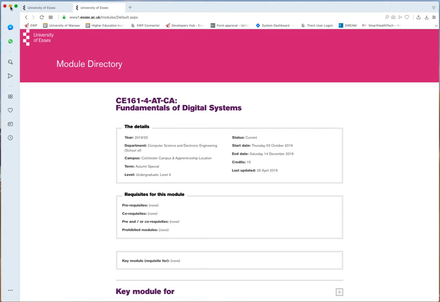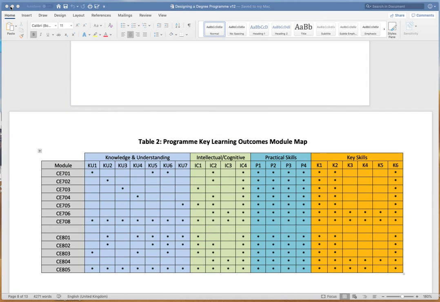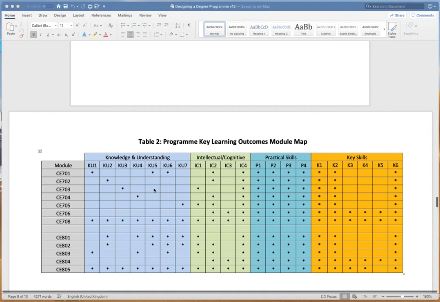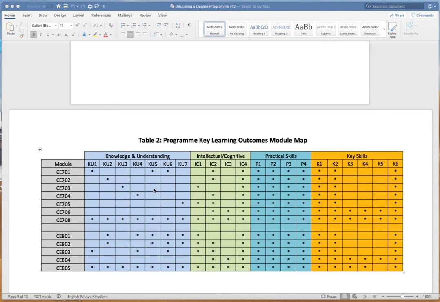If we close this now, I can show you another feature which can be very useful in mapping out a degree, and that's the module map. And this module map here is for a mythical degree, doesn't exist, but what you'll see along the top, I've listed the program level learning outcomes under knowledge and understanding, intellectual cognitive, practical skills and key skills, and these are the module level learning outcomes that are present within this degree.